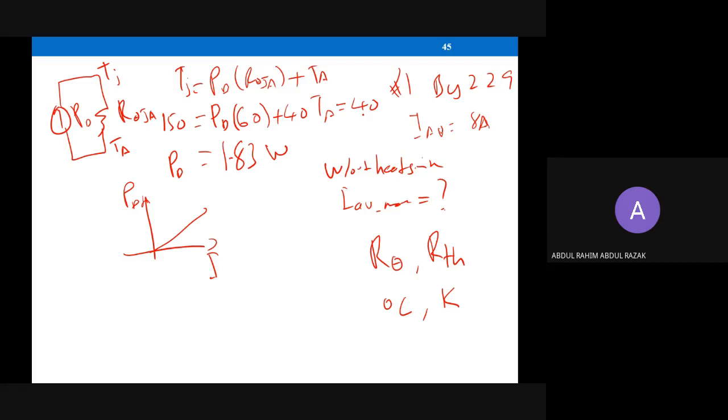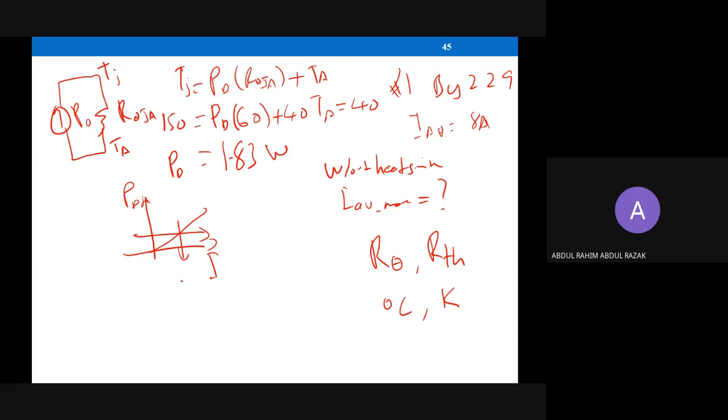So now we just refer to figure number 2. We have PD of 1.83, so when we plot it on the graph, you can see that 1.83 is around 1.5 ampere, is it?